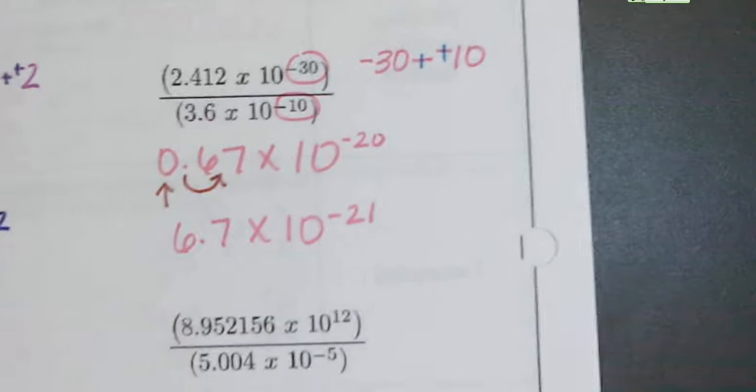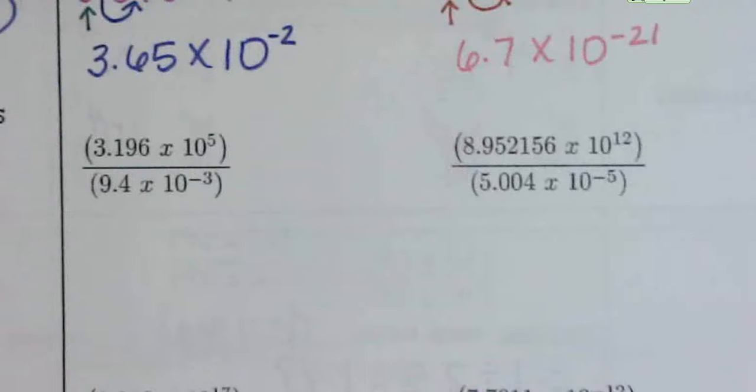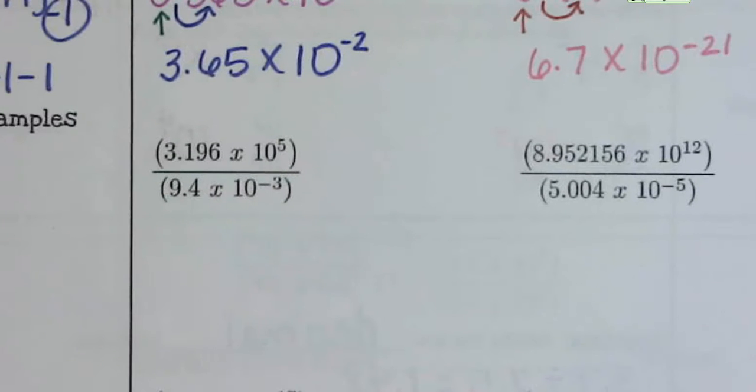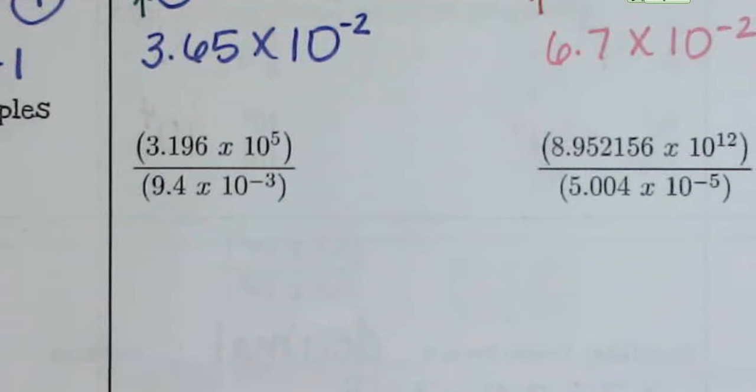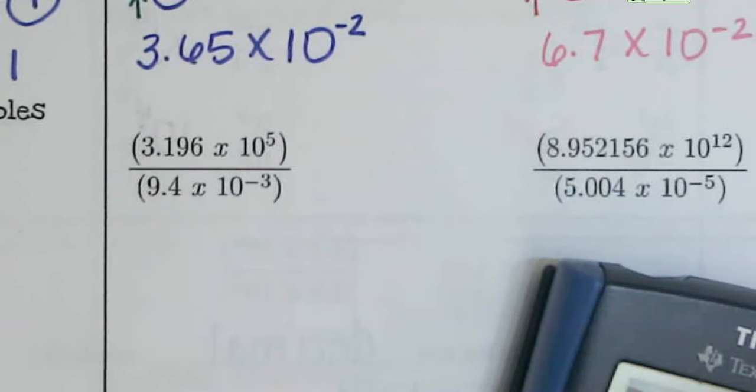So now I have 3.4 times 10 to the 7th. How do I know it's the 7th? Because according to this, I was going to have to move my decimal place 8 places to the right, but I went ahead and got a start, and I already moved it over 1, which means I only have 7 more places to go.